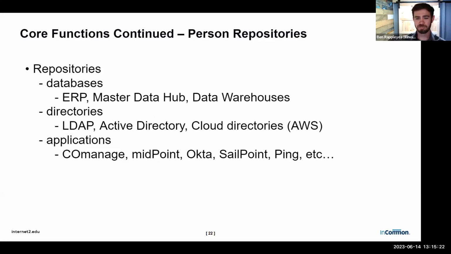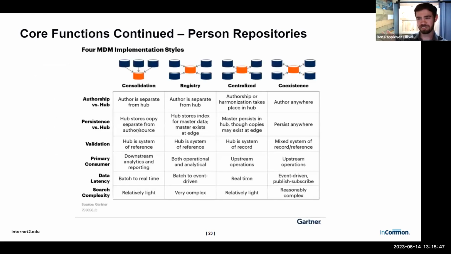Person repositories, that's where your identity registry is storing or getting its data from. There's a lot of different ways and methods of handling this data. And it comes down to what do we know about our subject, and how all these systems interact is going to be defined by your institution. That is going to be a lot of mental processing to figure out what you want to use.